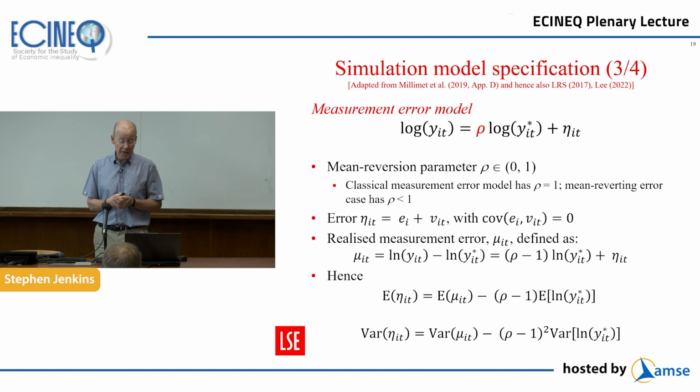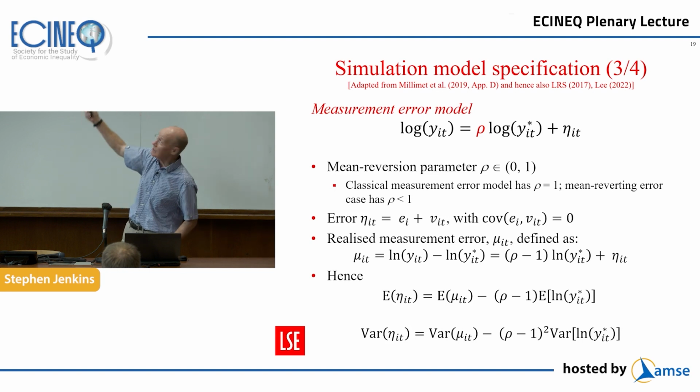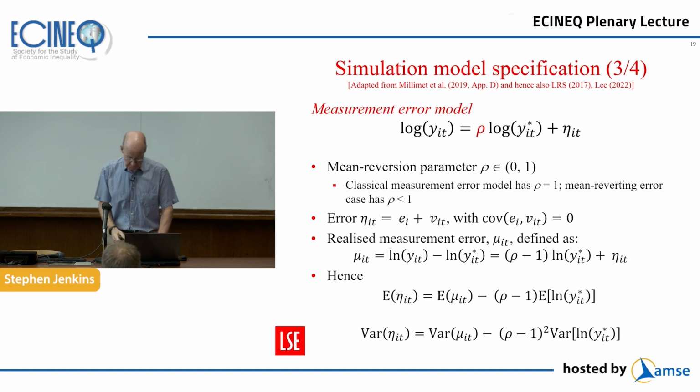Following Millimet and others, you can define a term which is realized measurement error, this mu it term, given by a particular expression. Then you can derive expressions for the eta it term in terms of other stuff, in terms of means and variances of this, rho and so on.